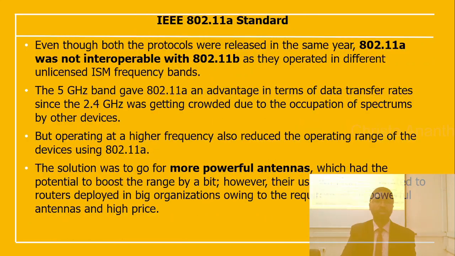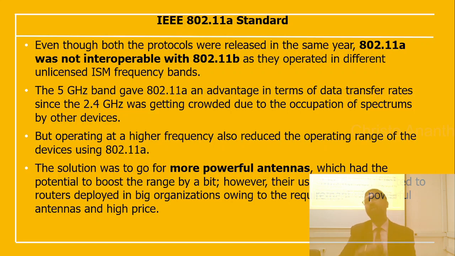Even though both protocols were released in the same year, 802.11a and 11b, 11a was not interoperable with 11b as they operated in different unlicensed ISM frequency bands. The 5 GHz band gave 802.11a an advantage in data transfer rate, since the 2.4 GHz band was getting crowded due to occupation of the spectrum by other devices.